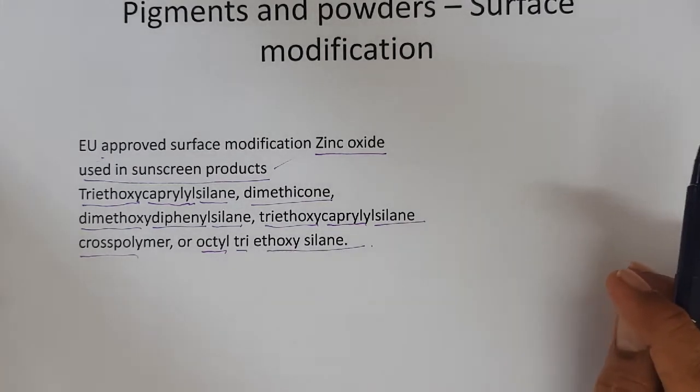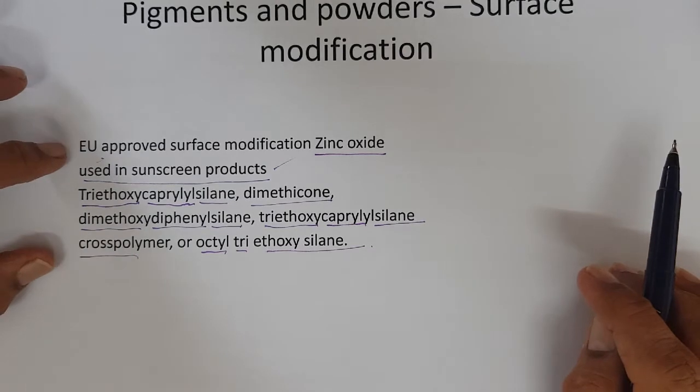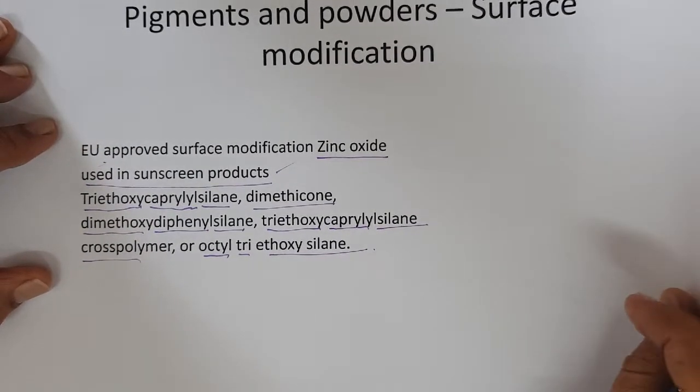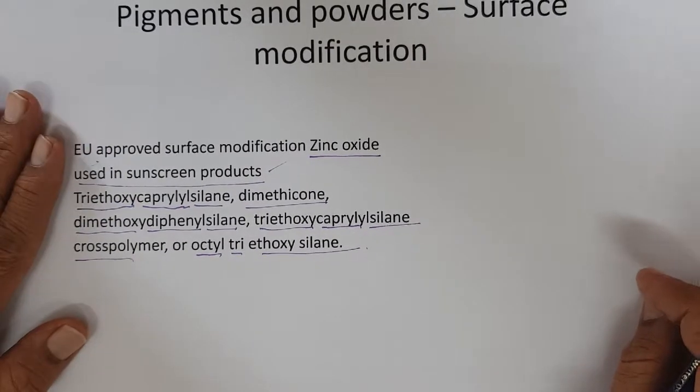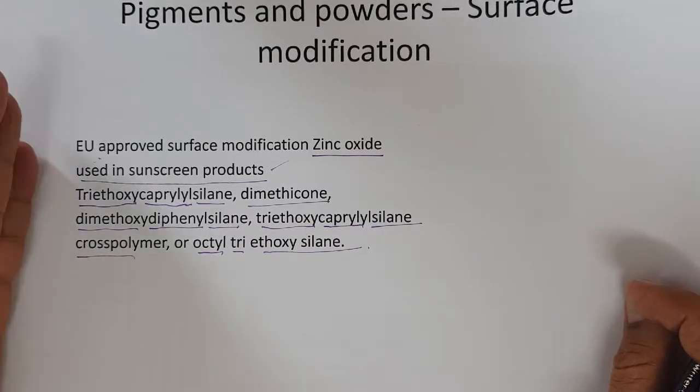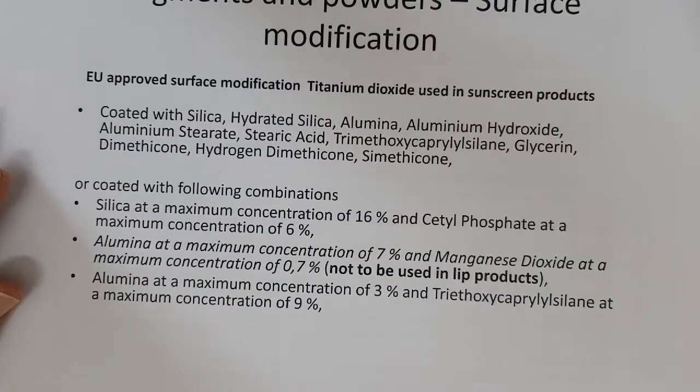These are some of the surface modifications approved for zinc oxide by European Union. This is used in sunscreen products, and can be used in other products also. Effectively, this is in the monograph of sunscreens.